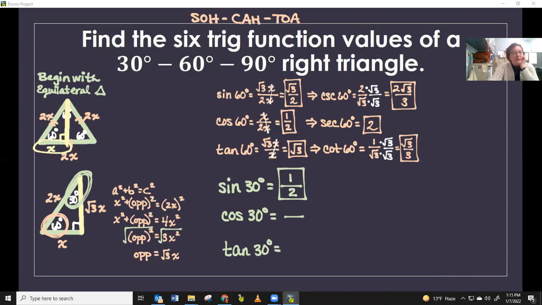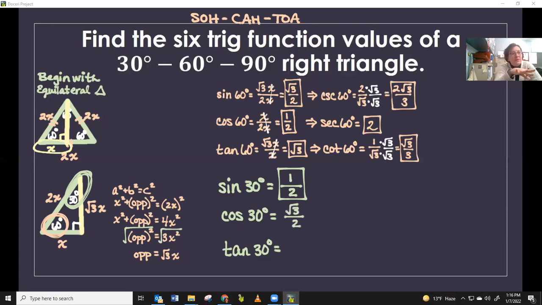What will the cosine of 30 degrees be? Square root of 3 over 2.